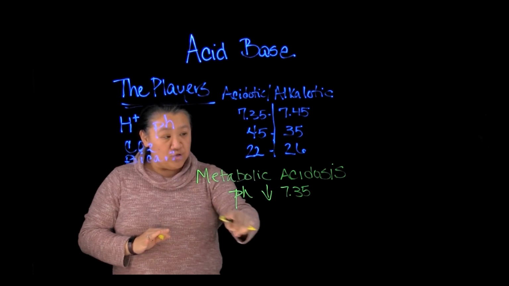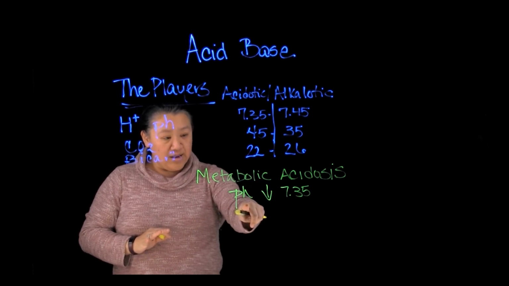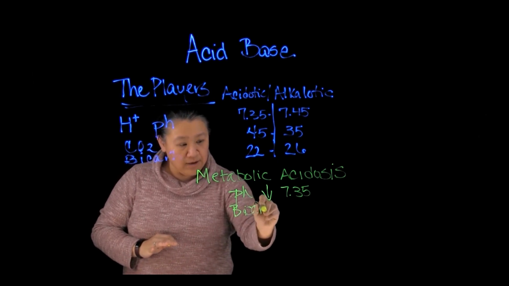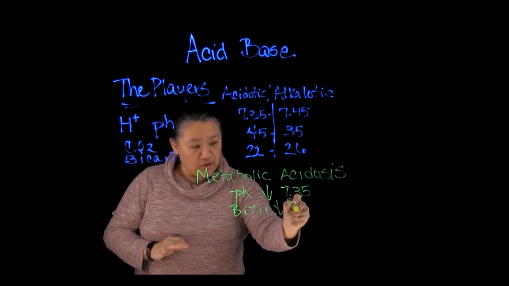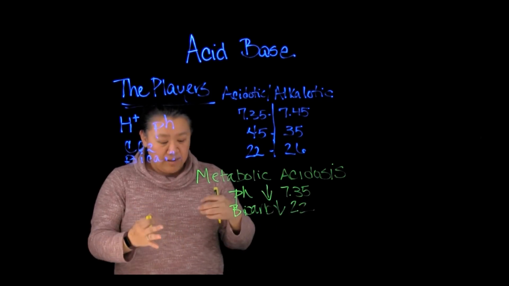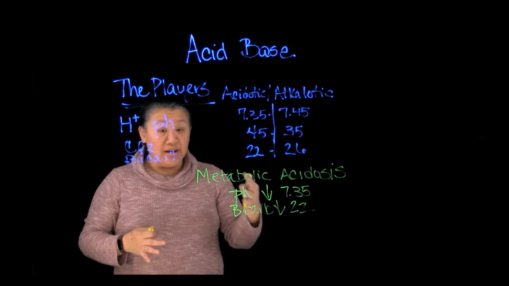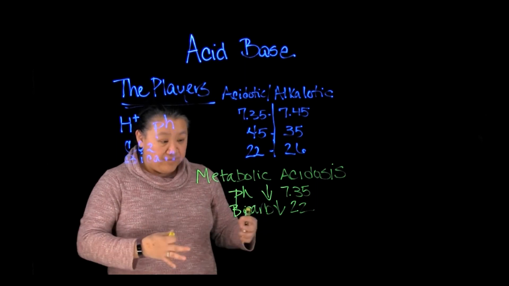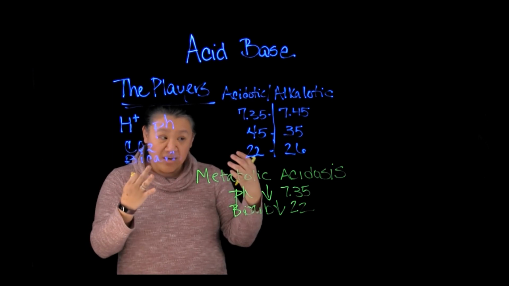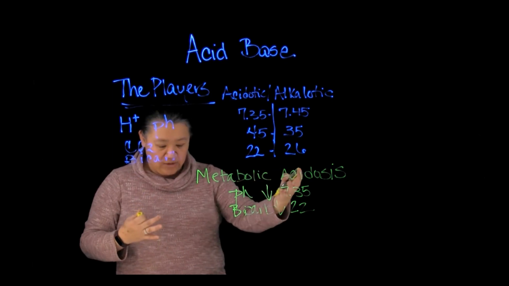The bicarb should be aligned with the pH, which means that bicarb is also going to be low, usually below 22. Let's use something like diarrhea. If you've lost a lot of fluid, what is going on? You lost a lot of base, so what you have left is acid. That's why you have an acidosis.